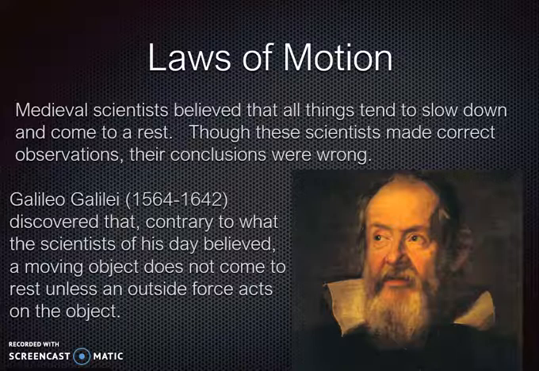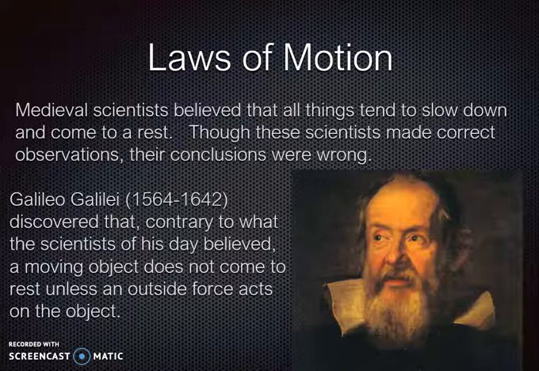All right, so medieval scientists believed that all things tend to slow down and come to a rest, which is true, okay? So if I was to roll a ball down a hill, eventually that ball would come to a rest. They understood that, but these scientists sometimes had wrong conclusions based on why that ball would slow down or why it would stop.